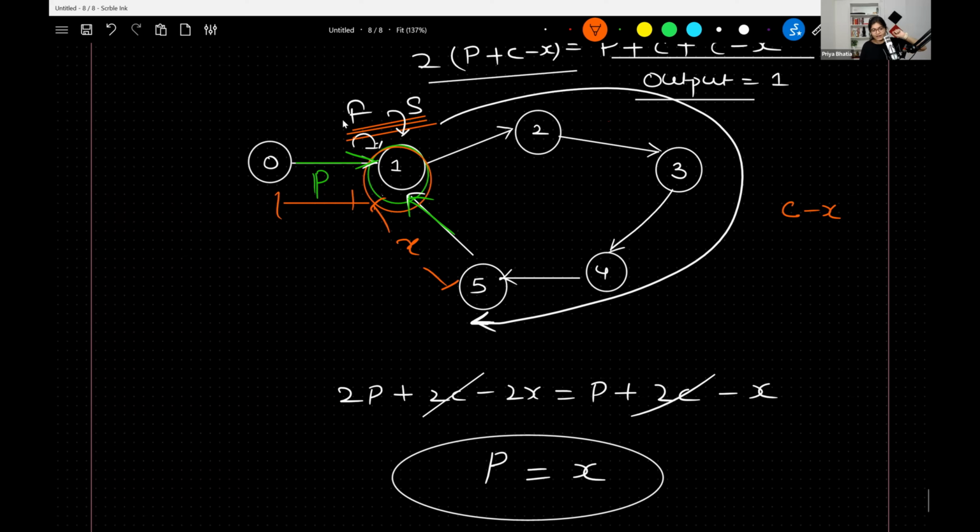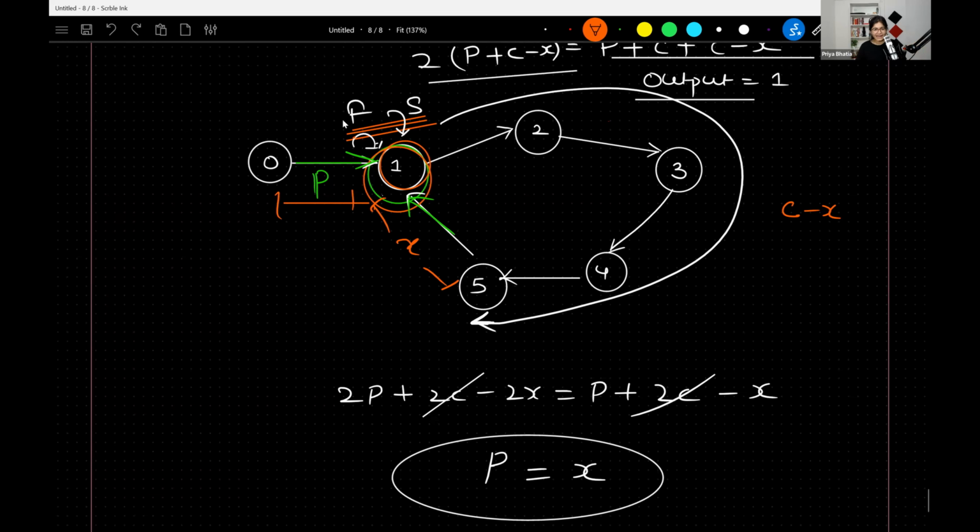And that's why you are doing the second phase, where until my fast and slow become equal, you start from scratch, and then one step at a time you try to remove this gap of p and x. At any point of time when they both become equal, that is the duplicate point, the duplicate number that you have to print. That's the entrance point when they both are equal to each other.